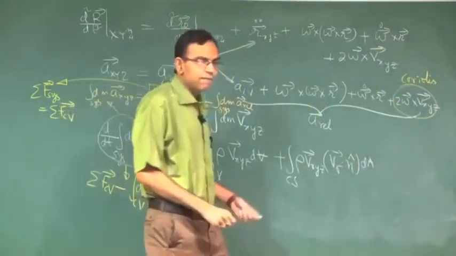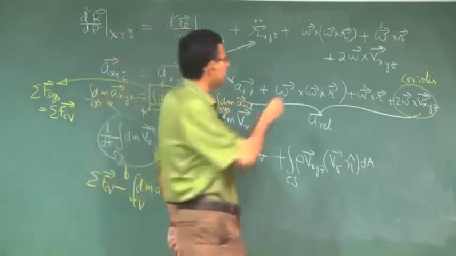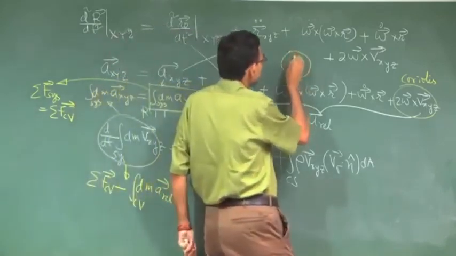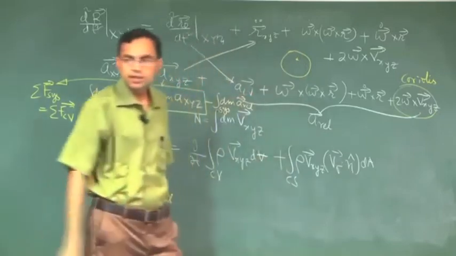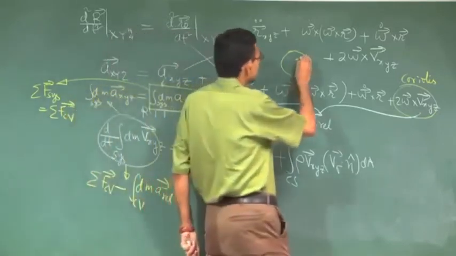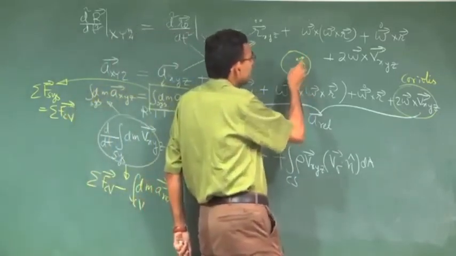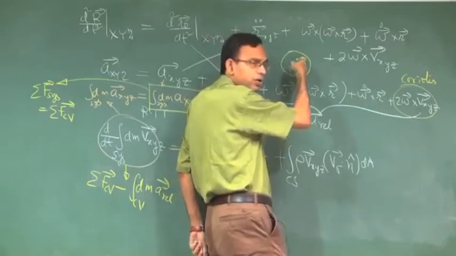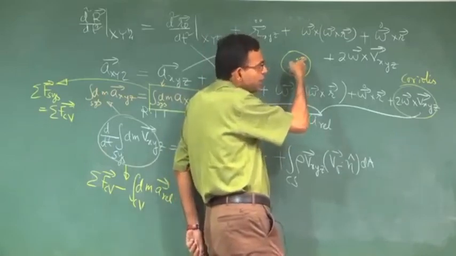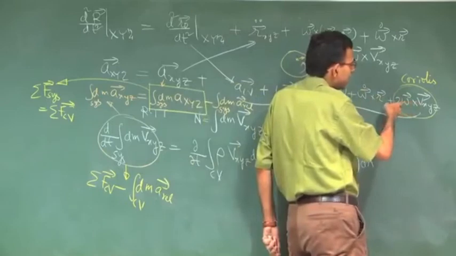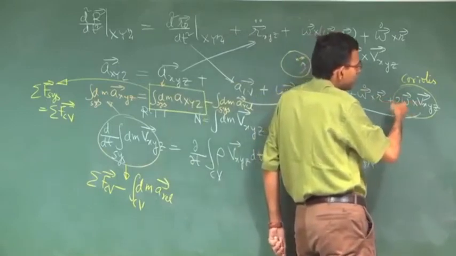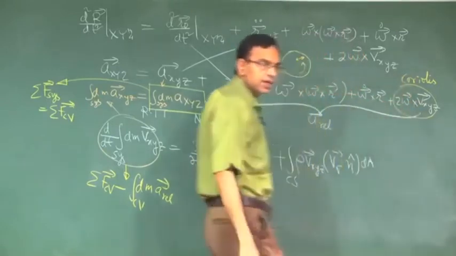So what is this? If there is a rotating reference frame on which there is a point which is moving, then the translation relative to the rotating reference frame will make it experience a lateral force, which is minus 2 omega cross the relative velocity.